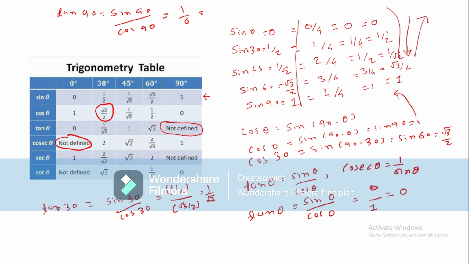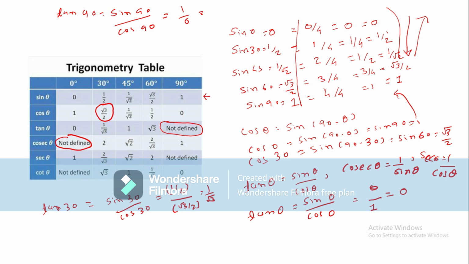Similarly, sec theta is equal to 1 upon cos theta. So we need to reciprocate these values. Reciprocal of 1 is 1. Reciprocal of under root 3 by 2 is 2 upon under root 3. Reciprocal of 1 upon under root 2 is root 2. 1 upon 2 reciprocal is 2 and 1 upon 0 is not defined.